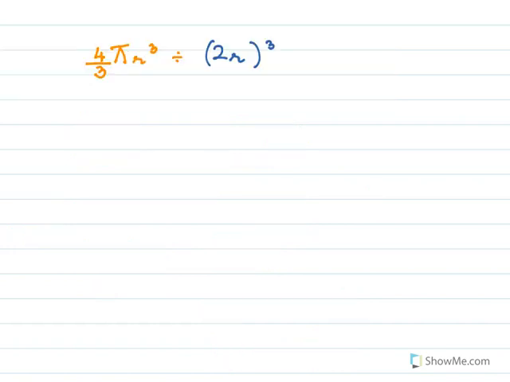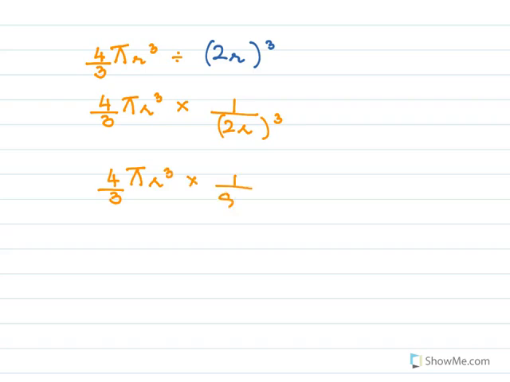Division we change to multiplication, we take the reciprocal. So 4 by 3 pi r cube into 1 by 8 r cube.